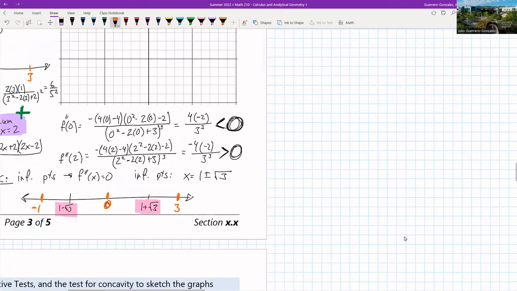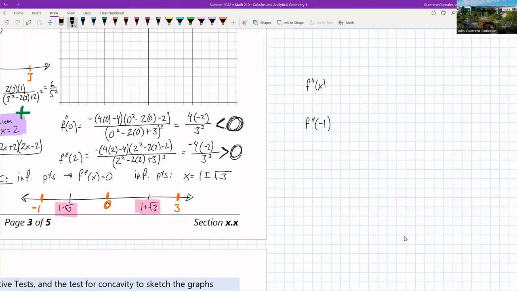I sat on this hoping that I gave myself enough room, and I ended up not giving myself enough room. So I'm going to go ahead and do f double prime of -1. So I'm going to write it up here so we don't forget what it is.